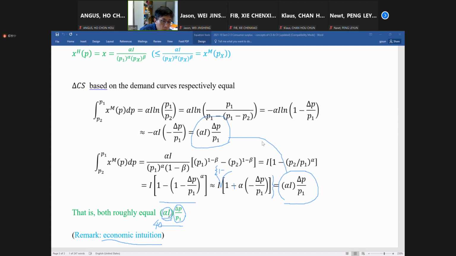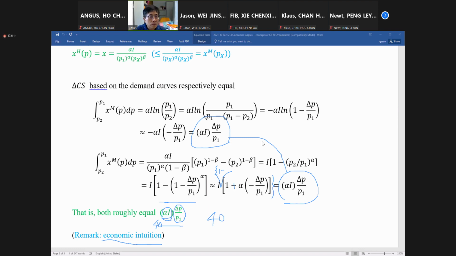Then I can save, I can benefit from $8. So in other words, that's one way to understand. Another way is, now imagine, no matter what the price is, I always spend $40 on Aprils.